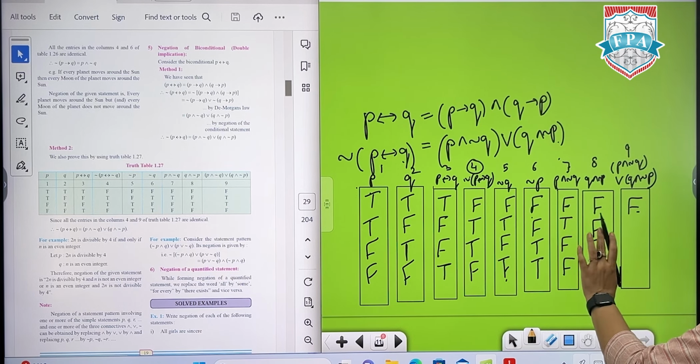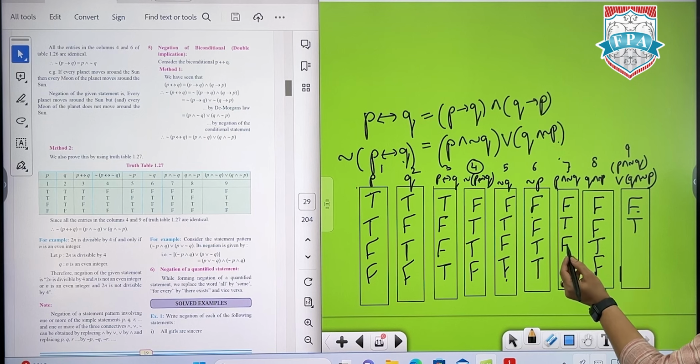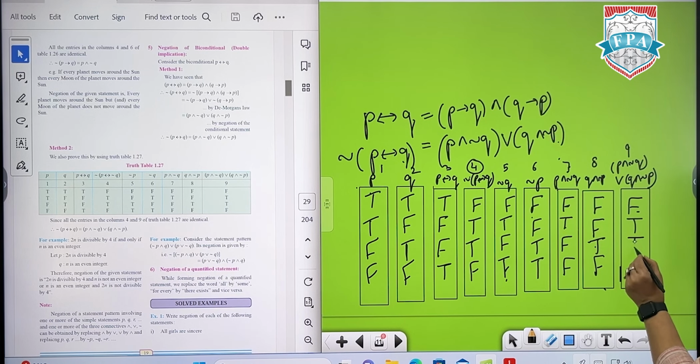Then true or false, since one of the value is true, your answer is true. False or true, true, and this is false.